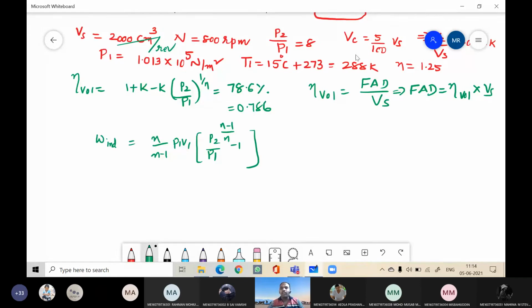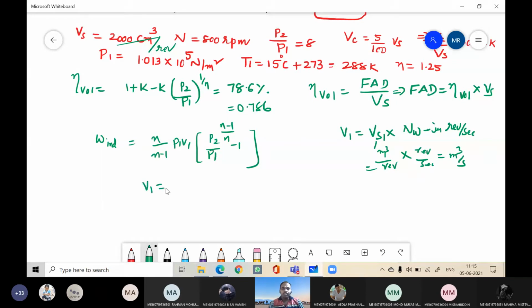We know Vs, we know N value. Can we calculate V1? So V1 is equals to Vs into Nw. Can I write? Yes, sir. This is meter cube per revolution, and Nw is in terms of revolutions per second. So therefore I will get meter cube per second. P2 by P1 is known, P1 is also known.